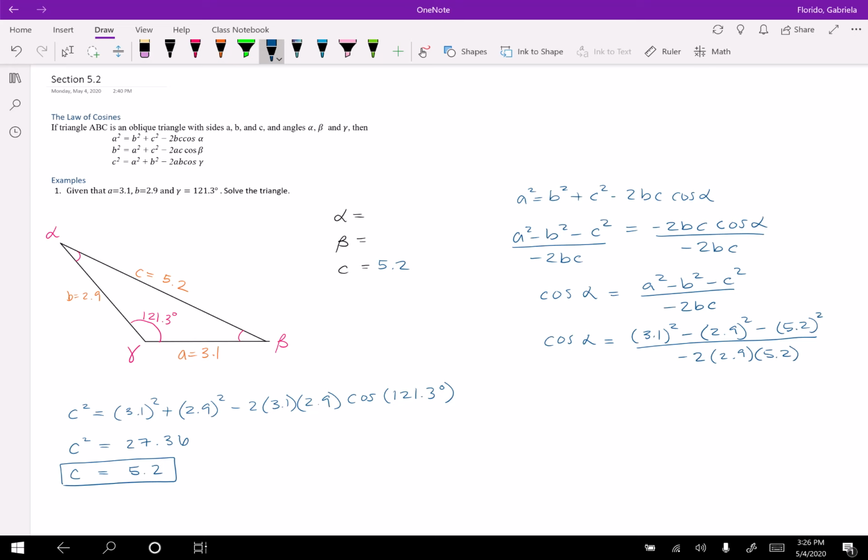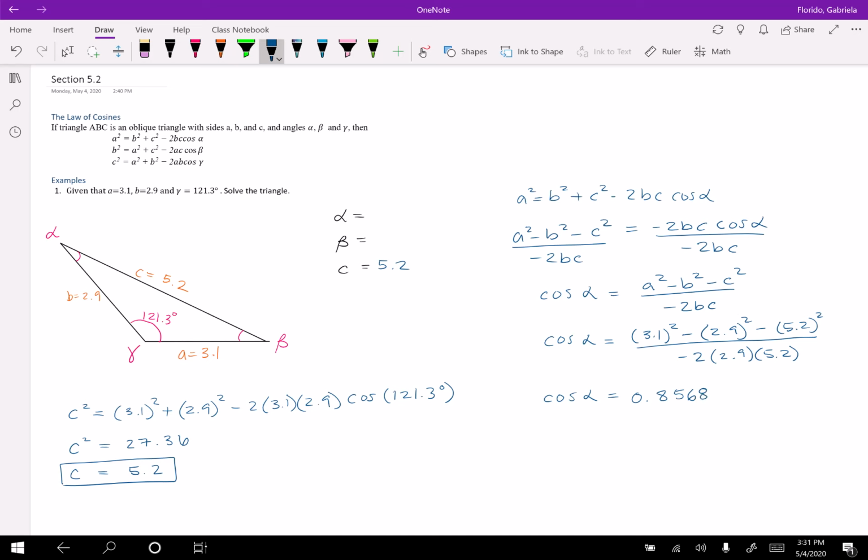So let's plug that into our little calculator. With our calculator, we get that cosine of alpha is equal to 0.8568. I'm going to round to 4 decimal points.